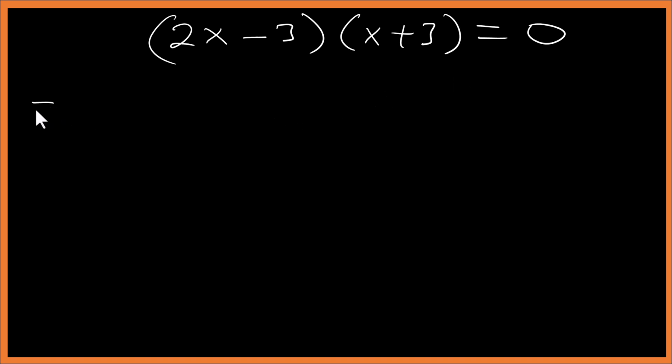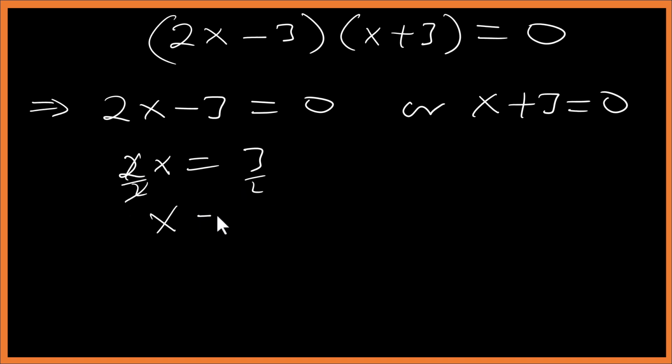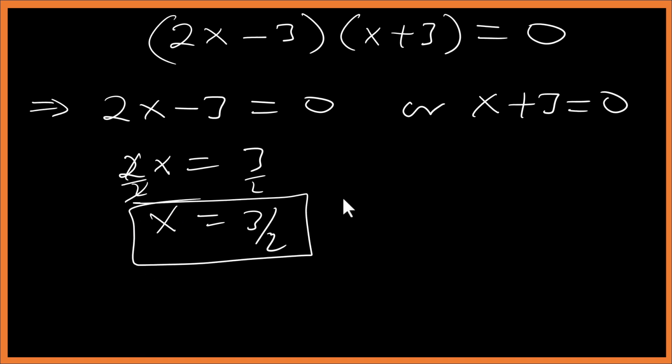So it means 2x - 3 = 0 or x + 3 = 0. So we have 2x = 3. Therefore, dividing both sides by 2, x = 3/2. That's the first answer. And we have x = -3.